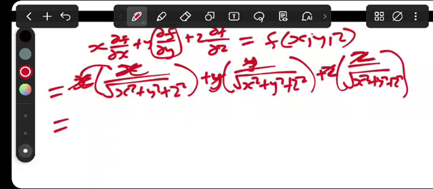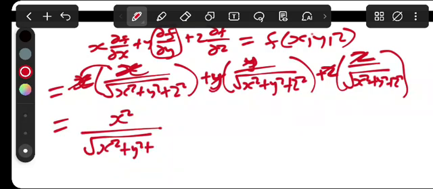This will be x squared, obviously, all over x squared. Plus this will multiply, will have y squared.